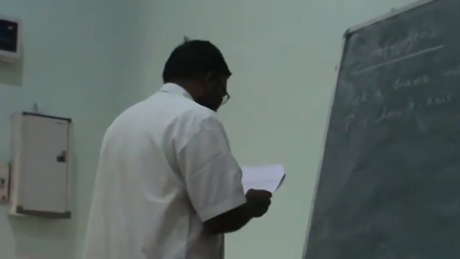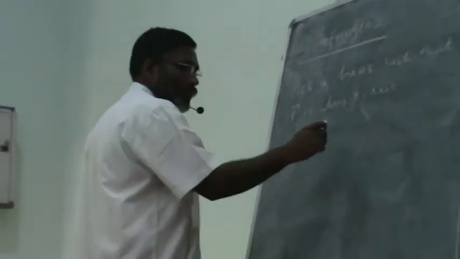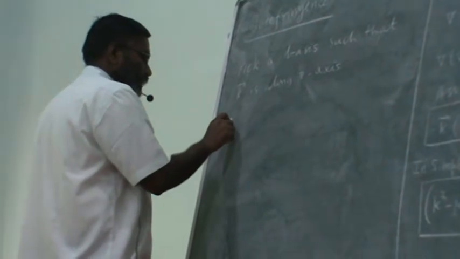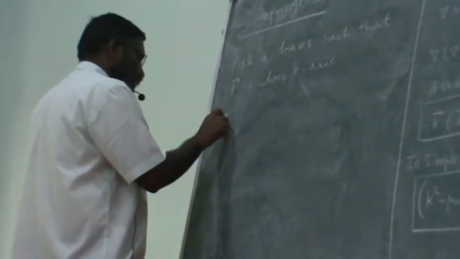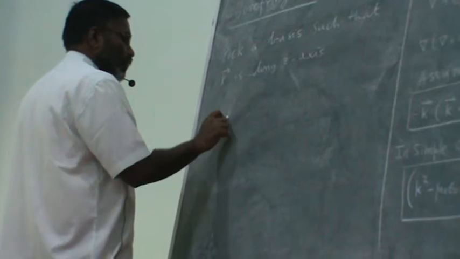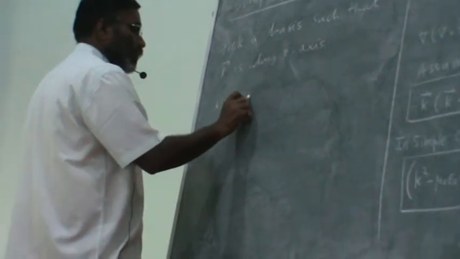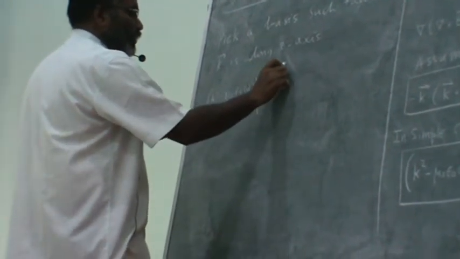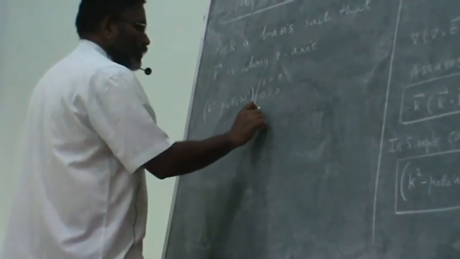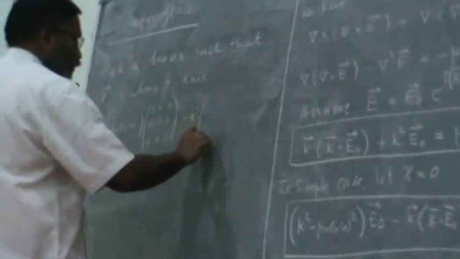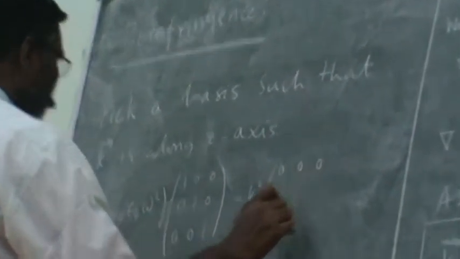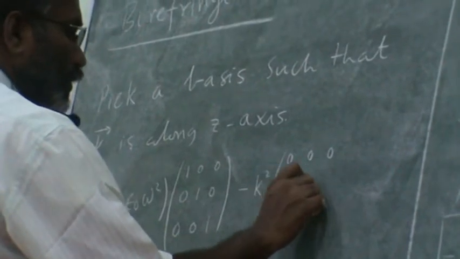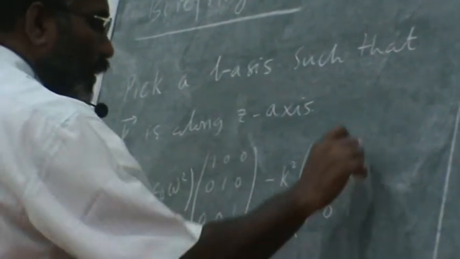Then this equation can be written in this fashion: (k square minus mu naught epsilon naught omega square) into an identity matrix 1, 0, 0, 0, 1, 0, 0, 0, 1, minus k square into 0, 0, 0, 0, 0, 0, 0, 0, 1.